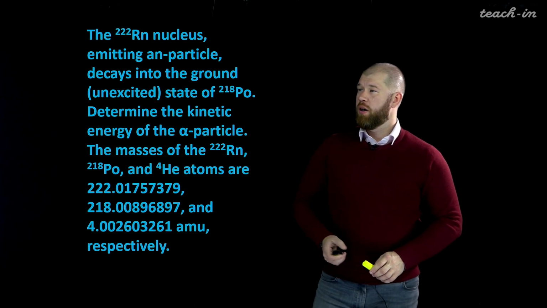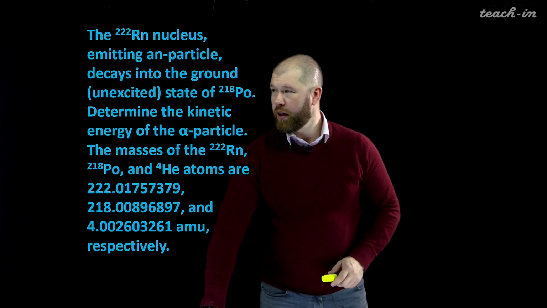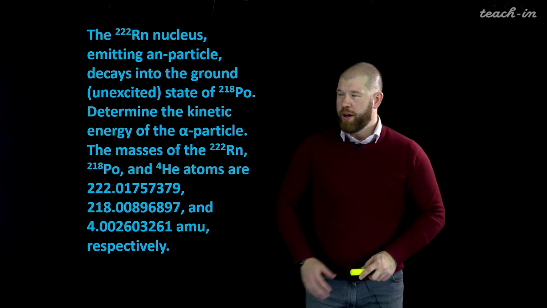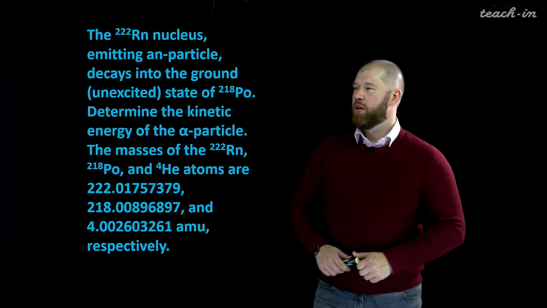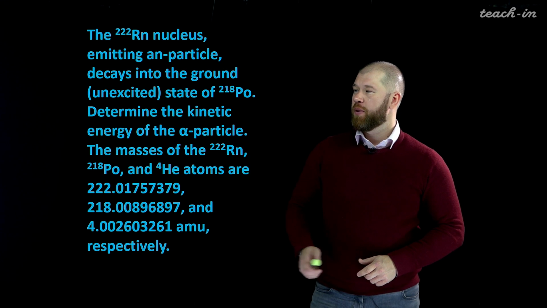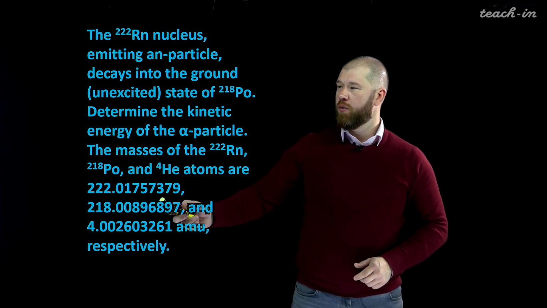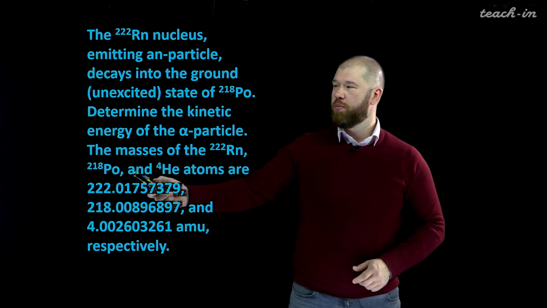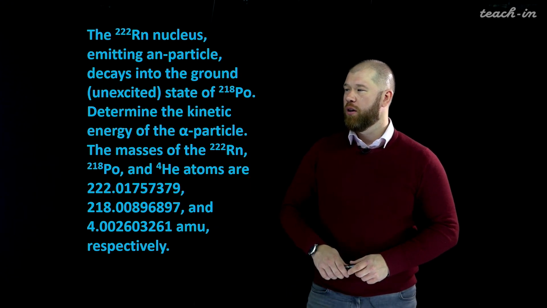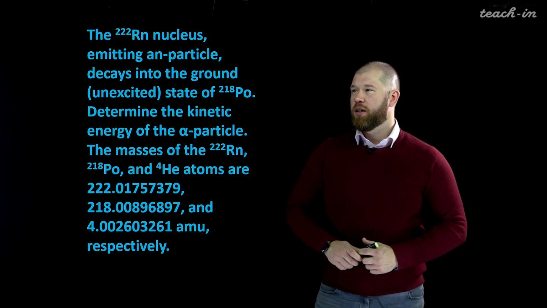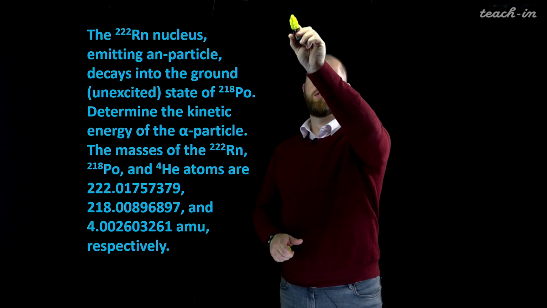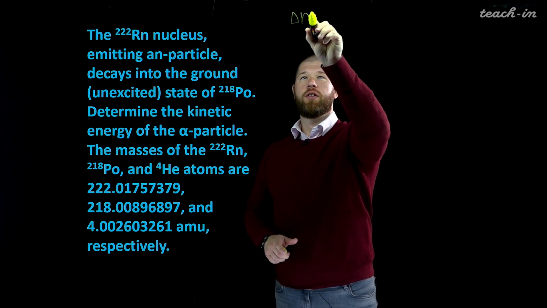Let's go back to our task. What we have from the conditions of this task? We have the masses for radon, for polonium, and for helium. Thus, we can calculate the difference in mass.